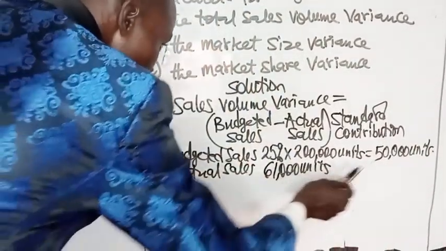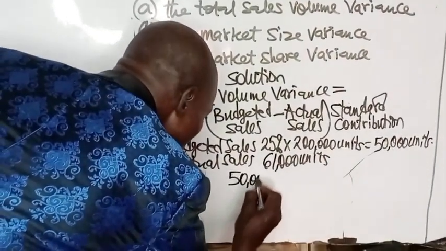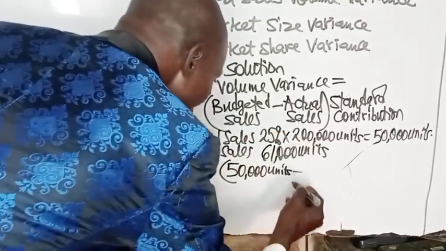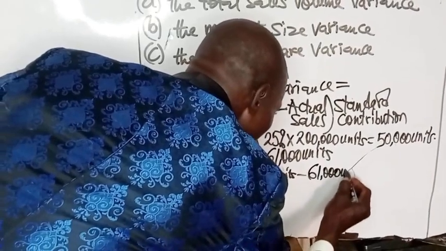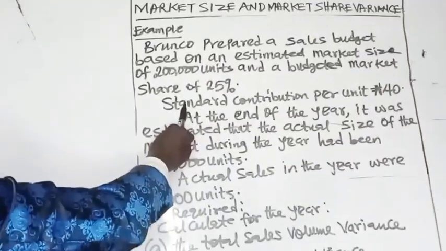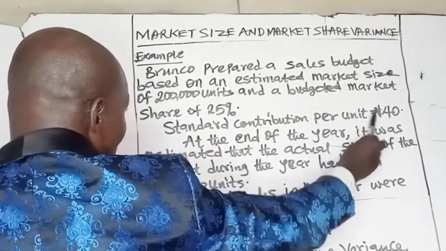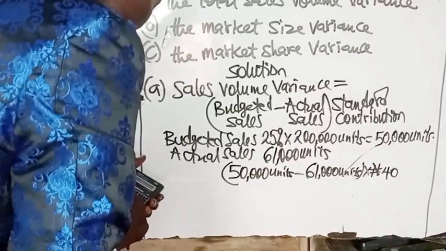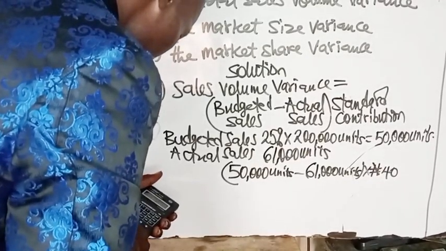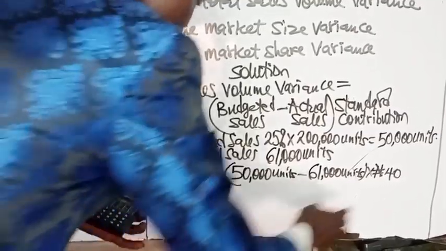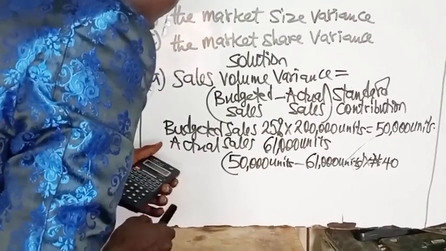Budgeted sales, 50,000 units, minus actual sales, 61,000 units, multiplied by standard contribution of 40 naira per unit. 50,000 minus 61,000 gives us 11,000. 11,000 times 40 naira, then you have 440,000 naira.